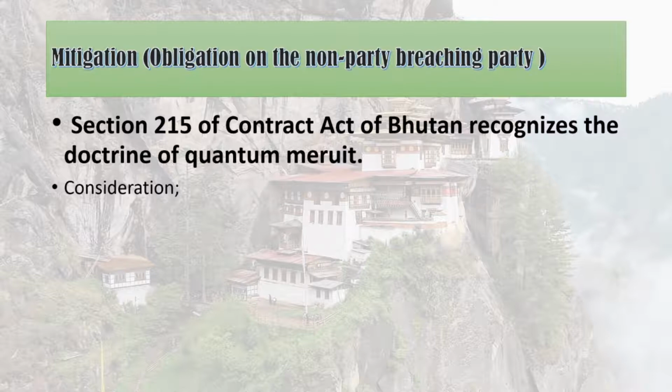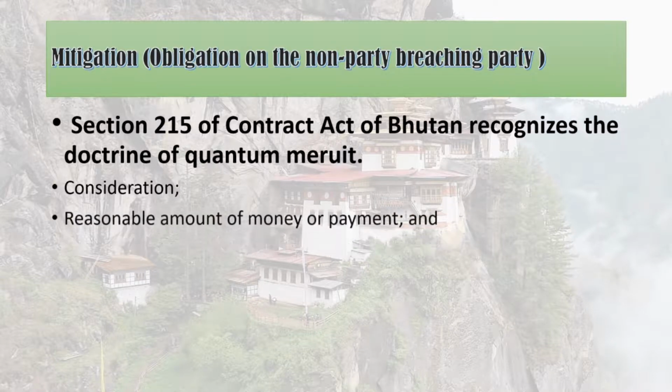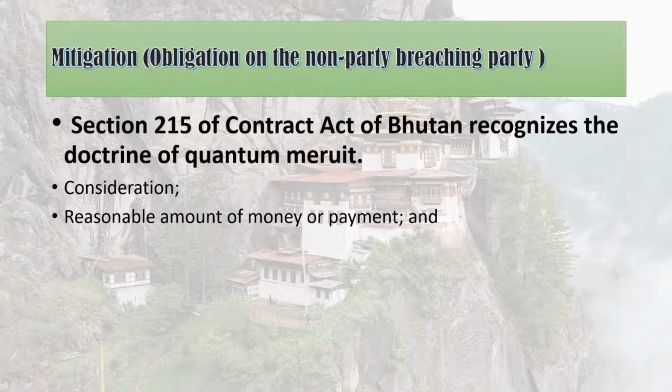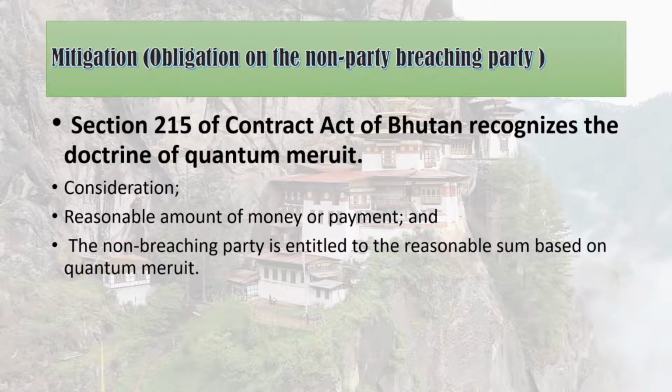So basically these are all considerations, and you could see the obligations are discharged for payment of a reasonable sum, so a reasonable amount or a reasonable payment, and the non-breaching party is entitled to a reasonable sum based on quantum meruit.